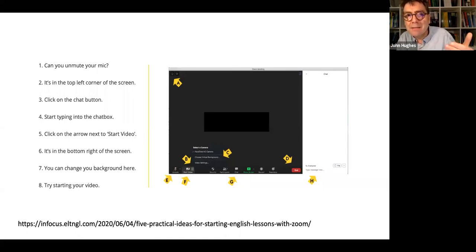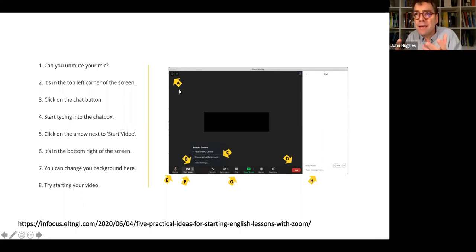But instead, I've decided to do the exercise giving them the language in English that they're going to need during my lessons. So for example, 1, can you unmute your mic, means that I might say that as a teacher, and then the answer is E. And then students look, it's in the top left corner of the screen.